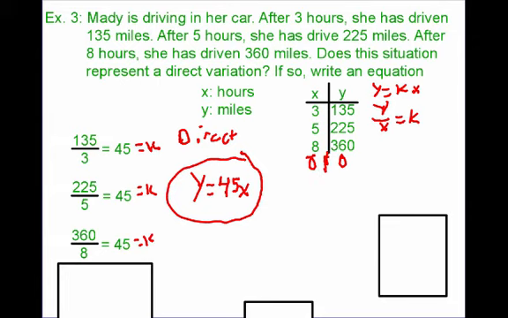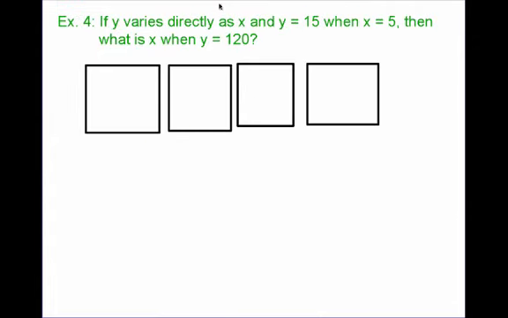All right, and our final example says if y varies directly as x and y equals 15 when x equals 5, then what is x when y is 120? So this is kind of an interesting problem. It says y varies directly as x. That is telling me that this is a direct variation, so I know y equals k times x.